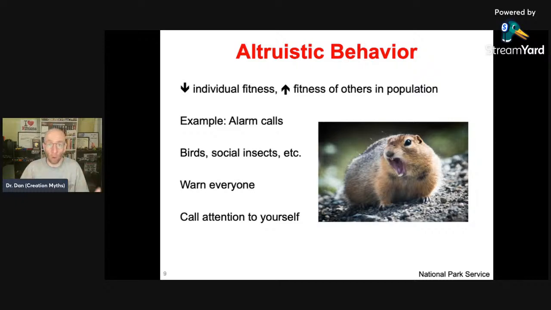So making an alarm call is a quintessential altruistic behavior, right? It benefits the fitness of the people around you at a cost to your own fitness, which again, is the paradox we need to explain. How do we make that work? How can we select for that behavior despite the costs associated with it?